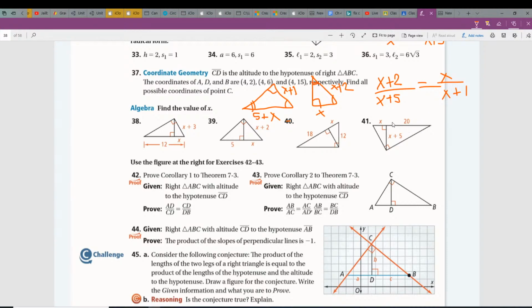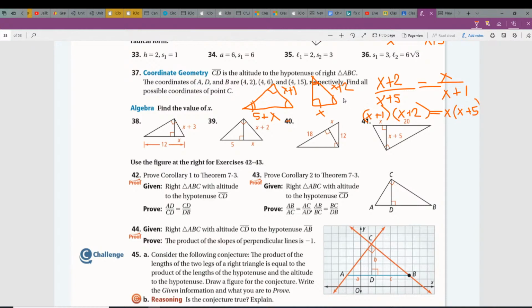Okay. So that's x plus 2 divided by x plus 5 because these are both hypotenuse, right? So let's go ahead and solve. x plus 2 multiplied by x plus 1 is equal to x times x plus 5.